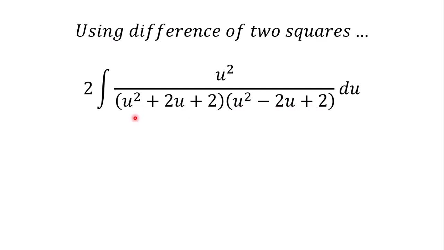So u squared plus u squared will give us what? 2u squared. Minus 2u plus 2u will be 0. This plus this will give us what? 4. So when we sum it up, you are going to get 2u squared plus 4.